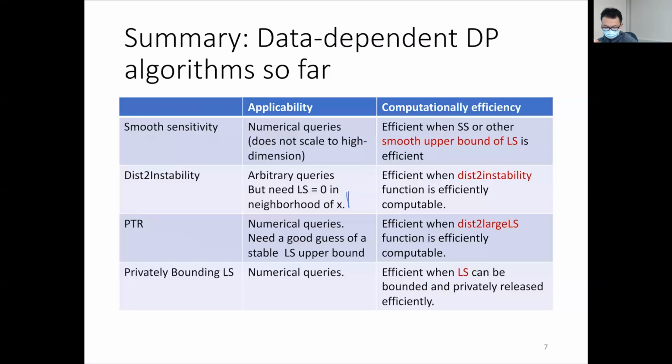And privately bounding the local sensitivity is the most general, and when it is applicable, it can also be more computationally efficient.